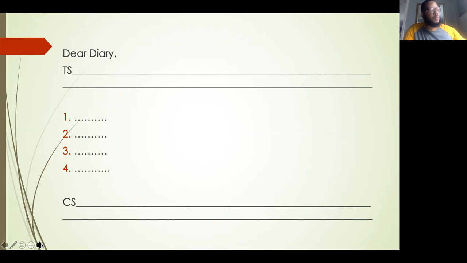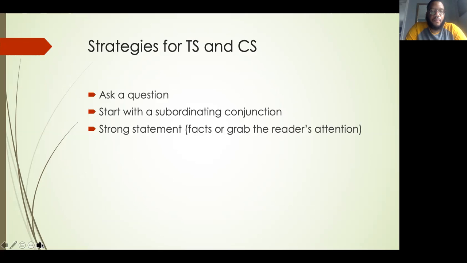Now, I know when I'm looking at the planning page that DCPS has provided, they're asking you to write your thesis or your claim statement. So just think of this as your topic sentence, okay? So speaking of topic sentence, also concluding sentence, these are our strategies.